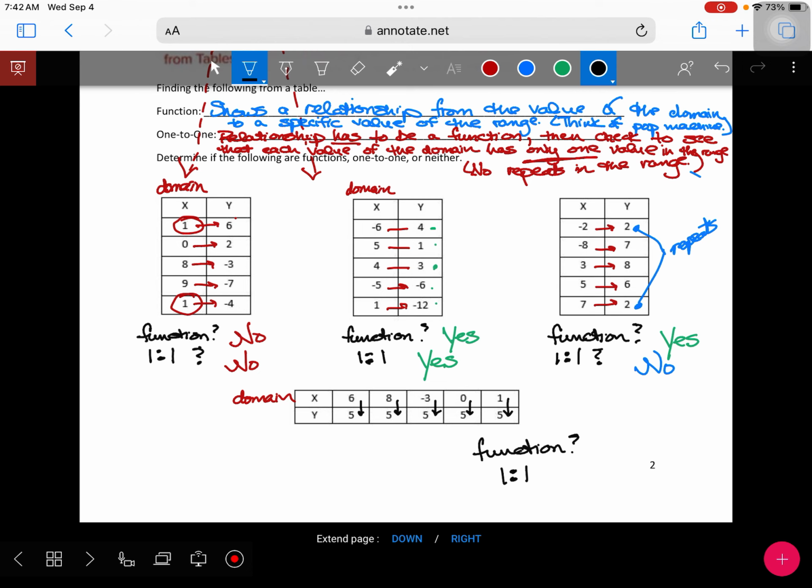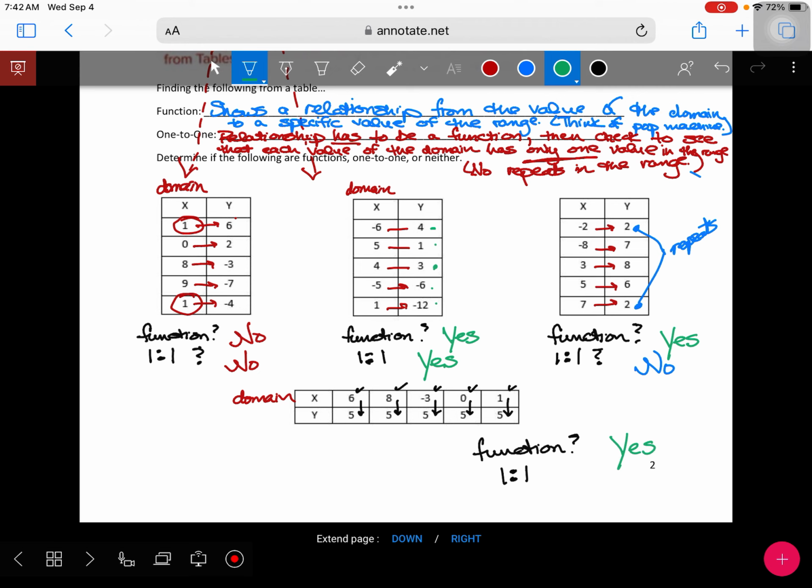So they're all going to 5. Now think about it. If this was a pop machine and these were all different buttons to press, could it be possible that they could all have the same drink coming out? It could be. So is this going to be a function? Yeah, it is a function.